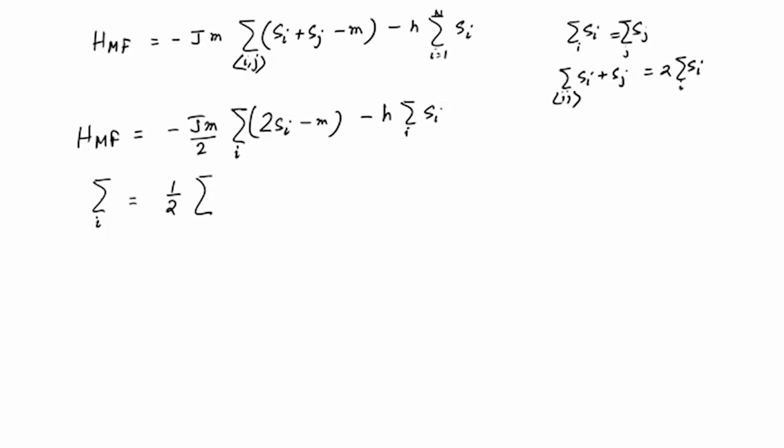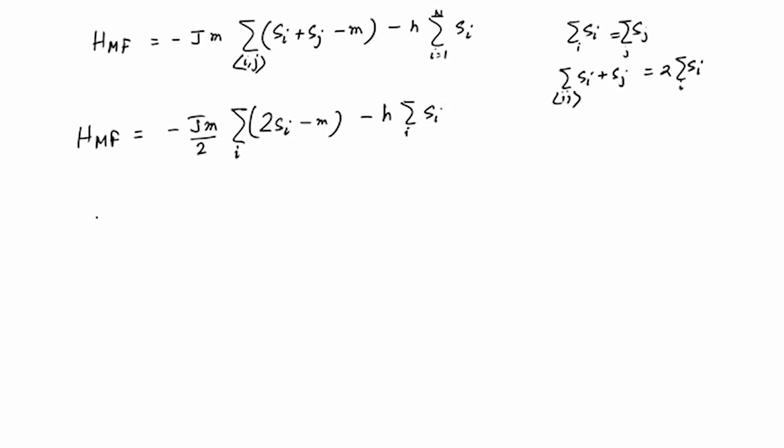Each pair should only be counted once, and that is why in this term we take a factor of 2. So there is a factor of half, and the mean field Hamiltonian really takes a simple form.